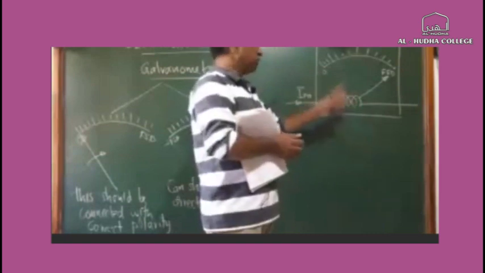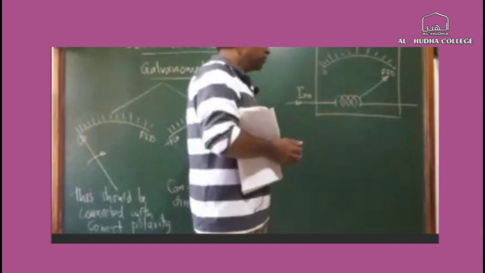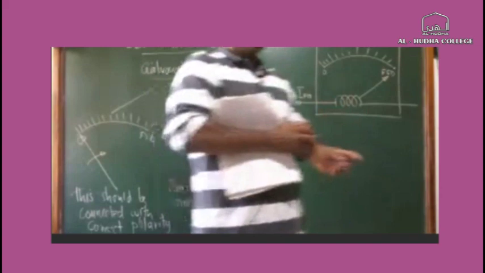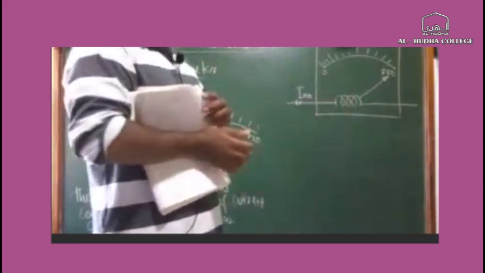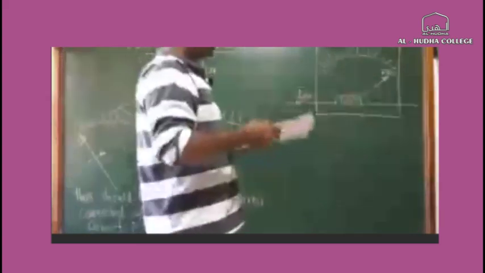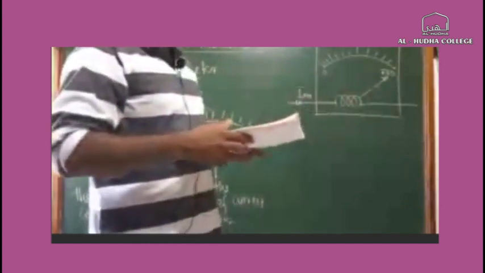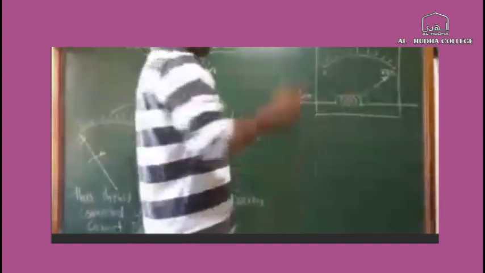So we should always make sure that before connecting the galvanometer in any electrical circuit, we should have an estimate of the maximum current that can flow in the circuit, right? So without estimating it, you should not connect the galvanometer or any meter.